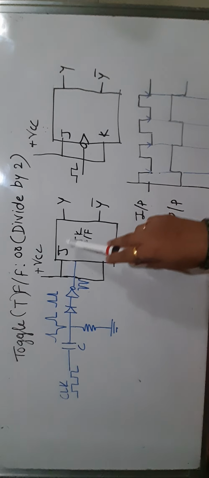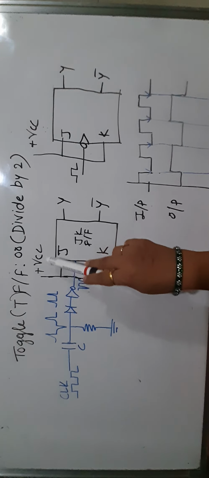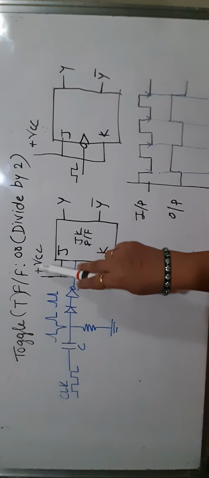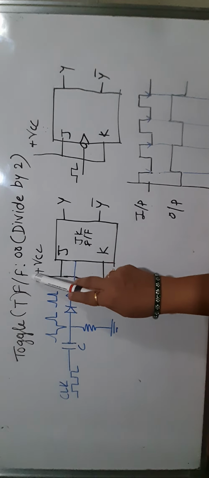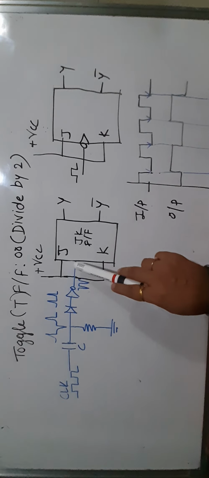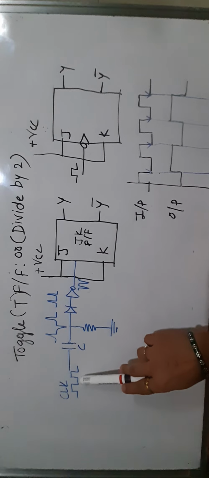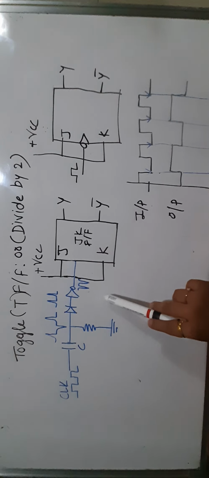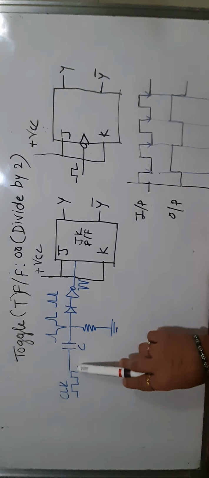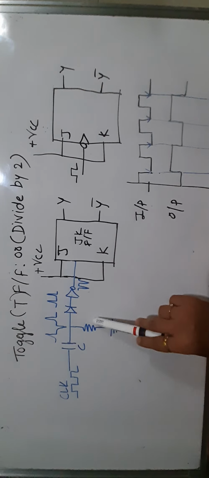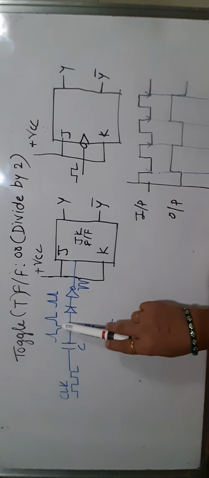So see the construction. J, K both are connected to 1 1. 1 1 means logic 1, and logic 1 means plus VCC voltage. So permanently J and K inputs are connected to VCC. And how is the clock given? As I told you, here the edge triggered clock is designed. The normal clock pulse square wave is given to an RC differentiator circuit. Then the clock signal is converted into spikes.